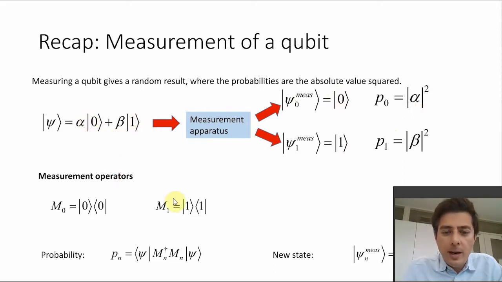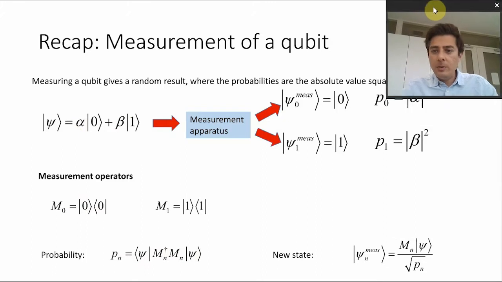I also showed you another way of writing or working out how measurements work in quantum mechanics. So if we have the two measurement outcomes of 0 and 1, we can firstly write the probability in terms of this one. So if we wanted to work out the probability of the state turning into 0, then we would just work out this quantity here, and essentially you apply this operator to that state, and then take the norm of the resulting vector, and then that gives you that probability.